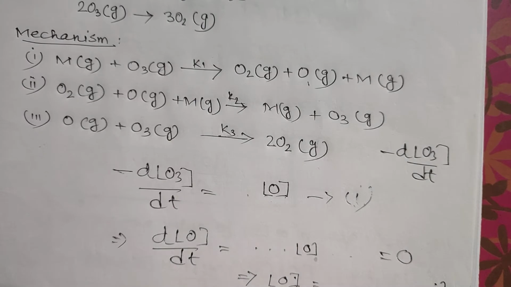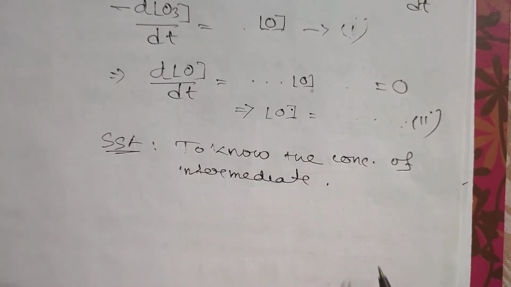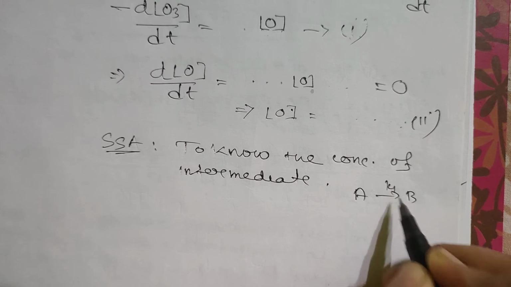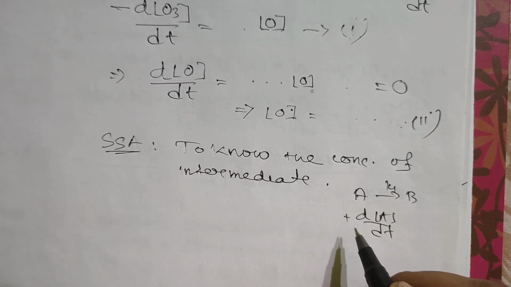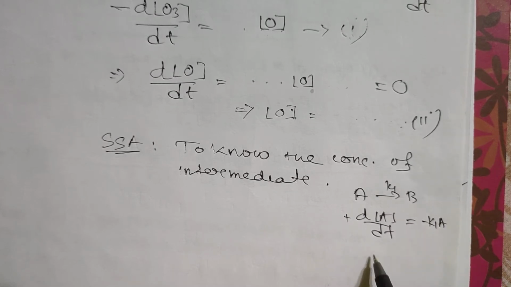The main thing is the sign. Suppose a reaction takes place, A to B, with rate constant K1. If we write dA by dt as positive, then it will be minus K1 into A, because this is decomposition. If we write minus dA by dt, it will be plus K1 into A. So this is the main case.